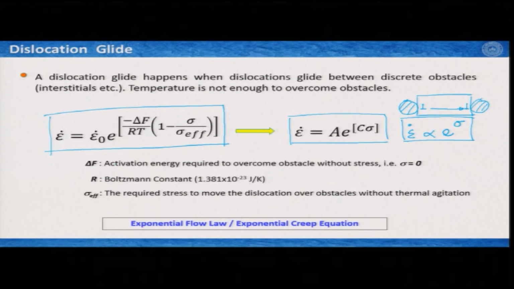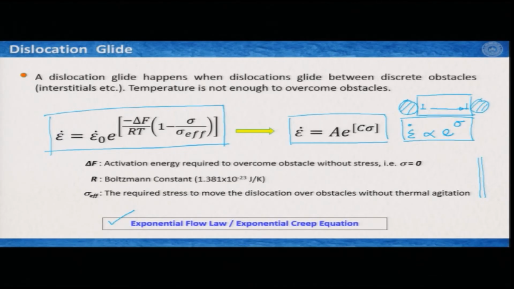For example, delta F here is activation energy, R is the Boltzmann constant, sigma effective is the required stress to move the dislocations over obstacles without any thermal agitations and so on. But I repeat, you do not have to pay too much attention to this form, but it is important that you understand this fact: in dislocation glide the strain rate is exponentially related to the stress, and therefore, this is known as the exponential flow law.